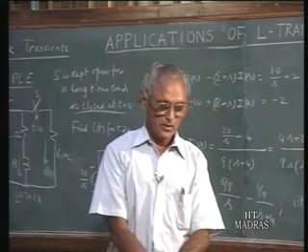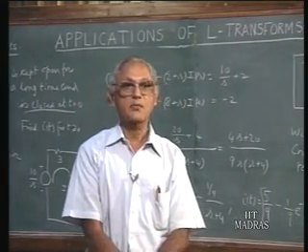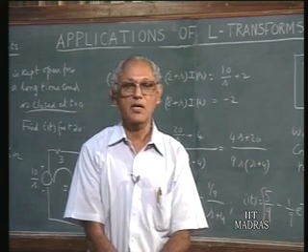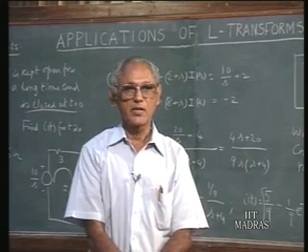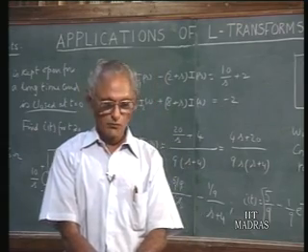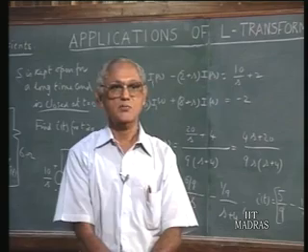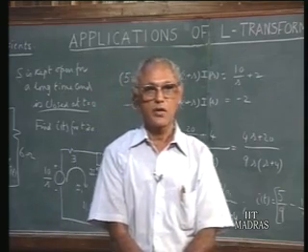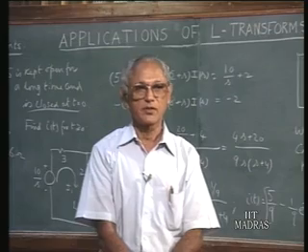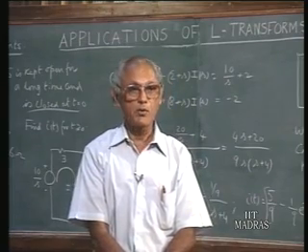That then we develop the theme of the transform diagrams, which is an alternative representation of the circuit diagram, and from the transform diagram we straight away write the algebraic equations, the equations of performance of the network, and from that we get an expression in Laplace transform of the response quantities, and we find out the inverse Laplace transform to find out the response quantity in time domain. That constitutes the solution of the transient problem of a network. More about this in the next lecture.